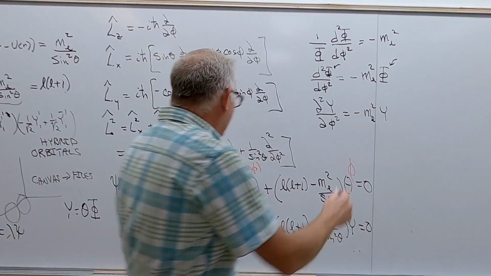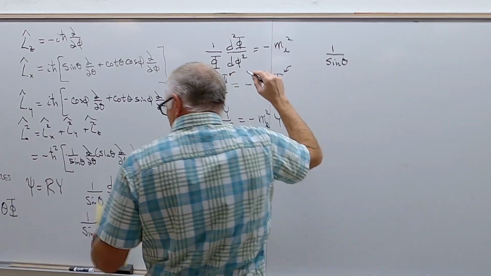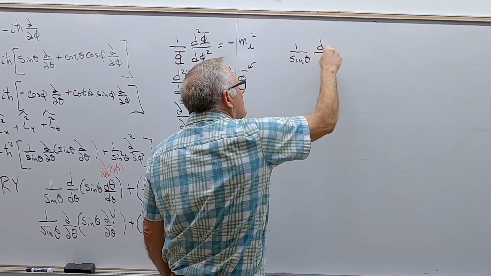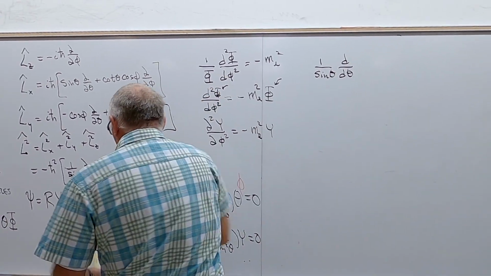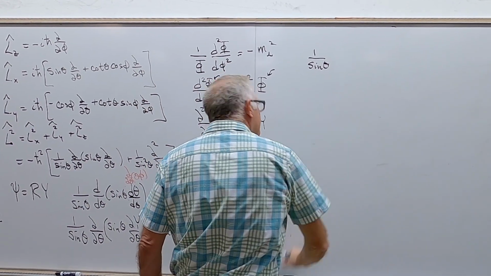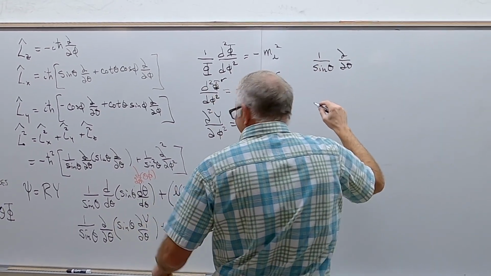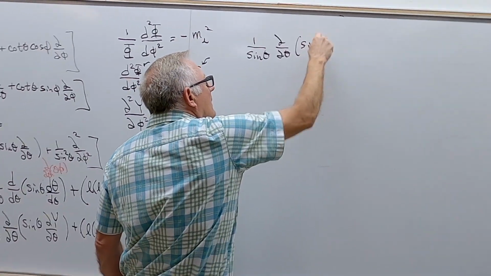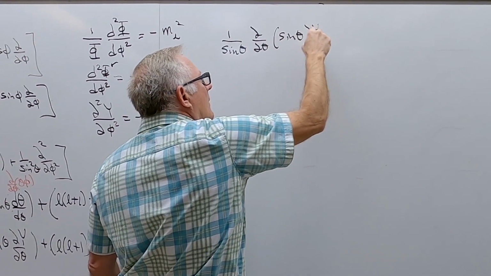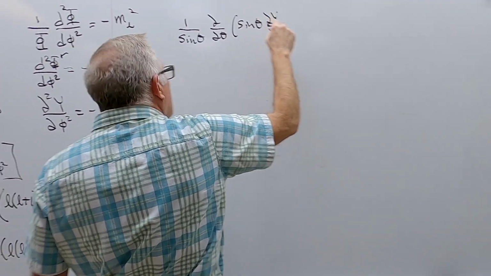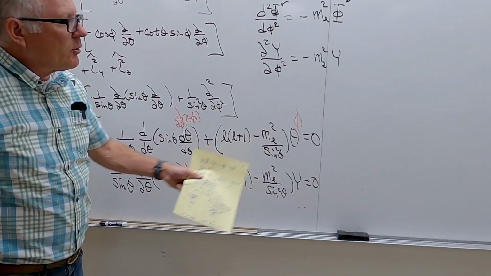We got 1 over sine theta, partial with respect to theta, of sine theta, partial y with respect to theta, plus, well, I'm going to take this term and put it on the other side.